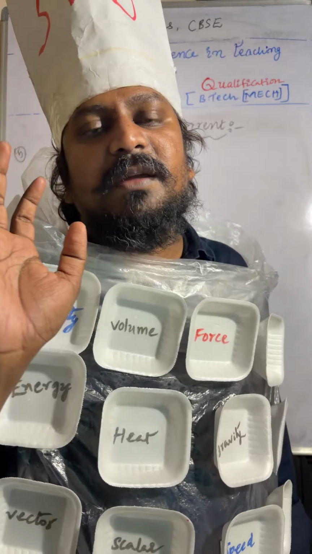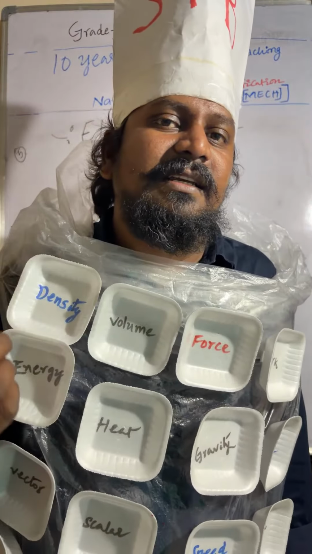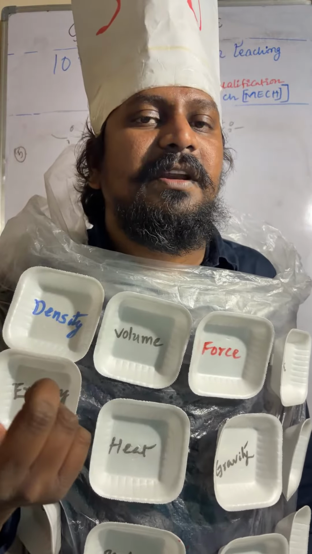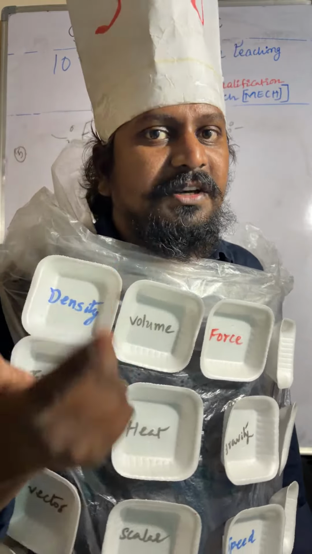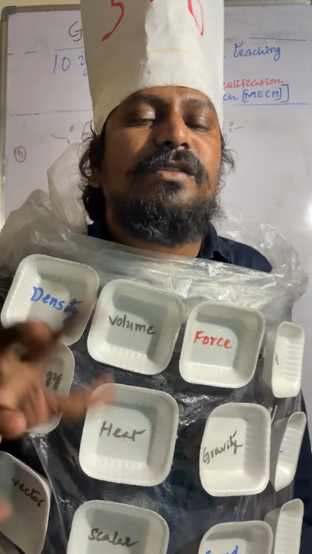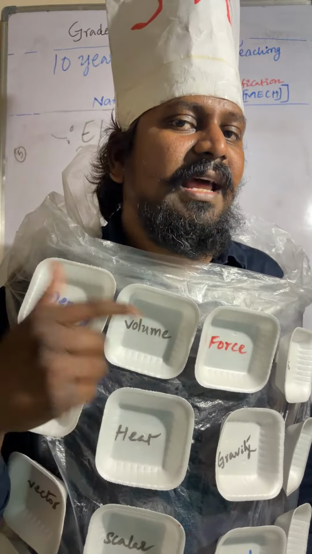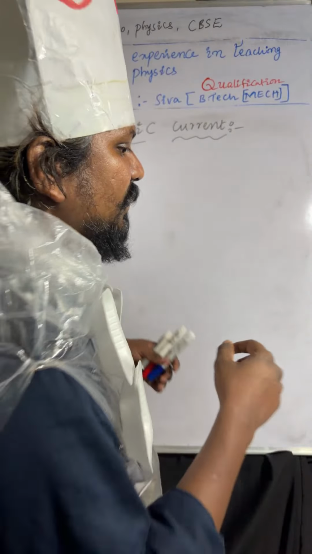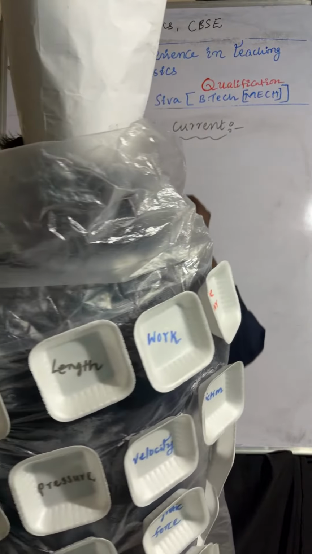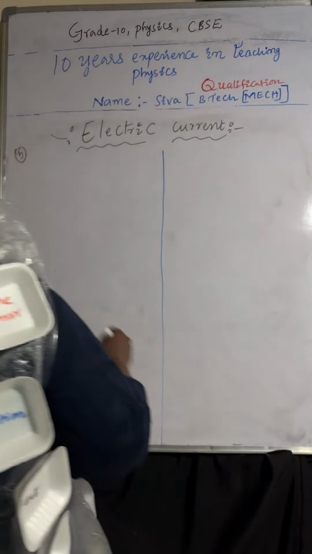Assertion-reasoning type is very important. For example, resistance depends on temperature. Does resistivity depend on temperature or not? If temperature increases, resistance increases. They will ask questions of that type. We will discuss all these points now.